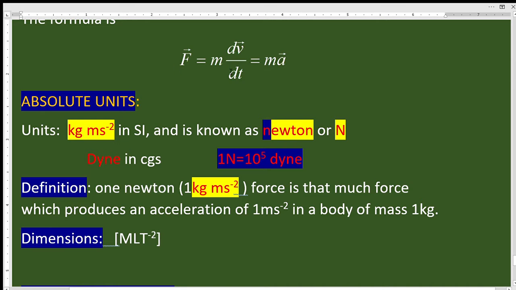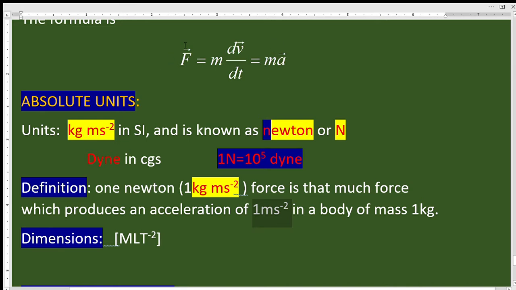You must keep in mind, force means acceleration and acceleration means force. This is very important. Therefore, when 1 Newton force is applied, it produces 1 meter per second square acceleration in the body. Which body? That body which has a mass of 1 kg, because there is m also. The formula says mass into acceleration.